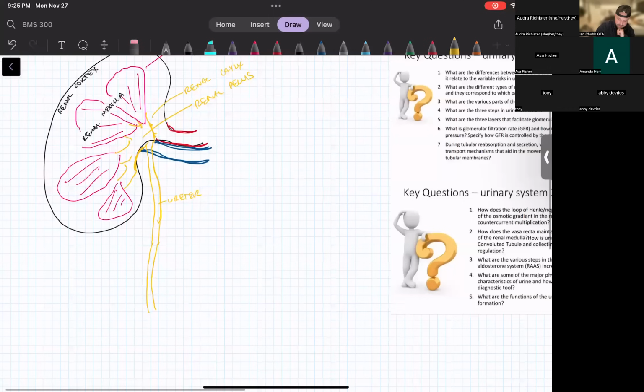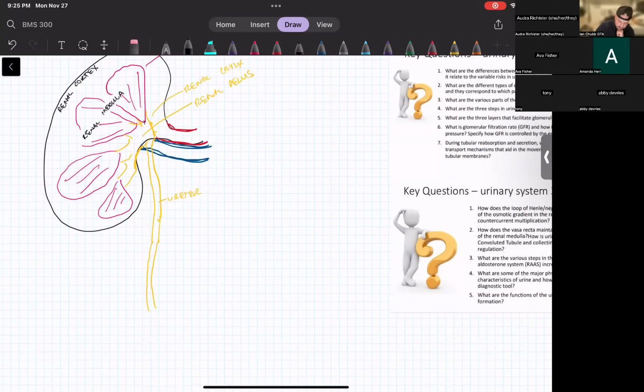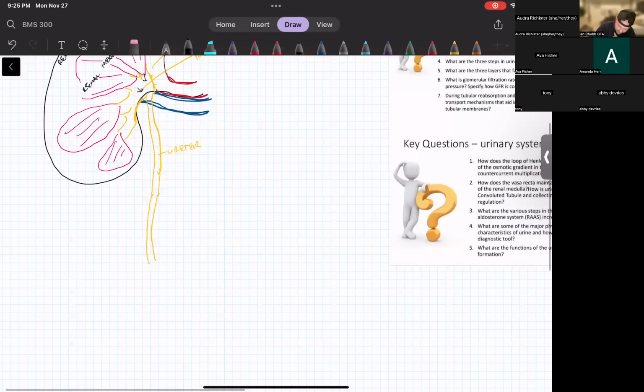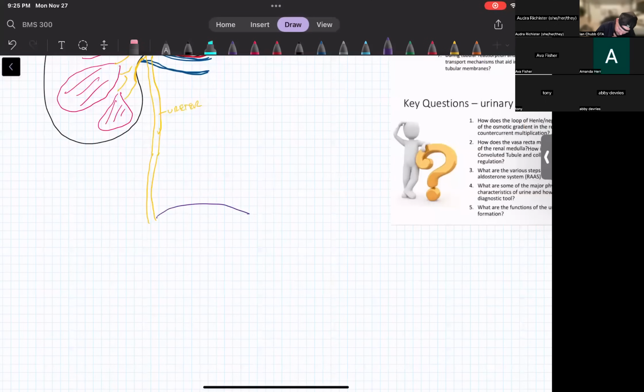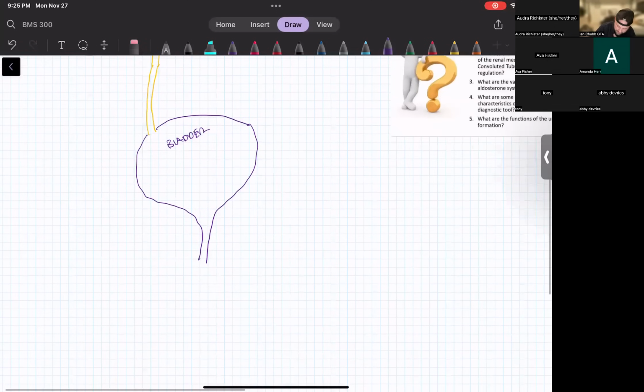So when we're making urine, essentially it's going to start to build up from the calyx to the pelvis into the ureter, and then that's going to enter down into our bladder. And then coming off the bladder we have our urethra. And this is really where it changes depending on male or female.